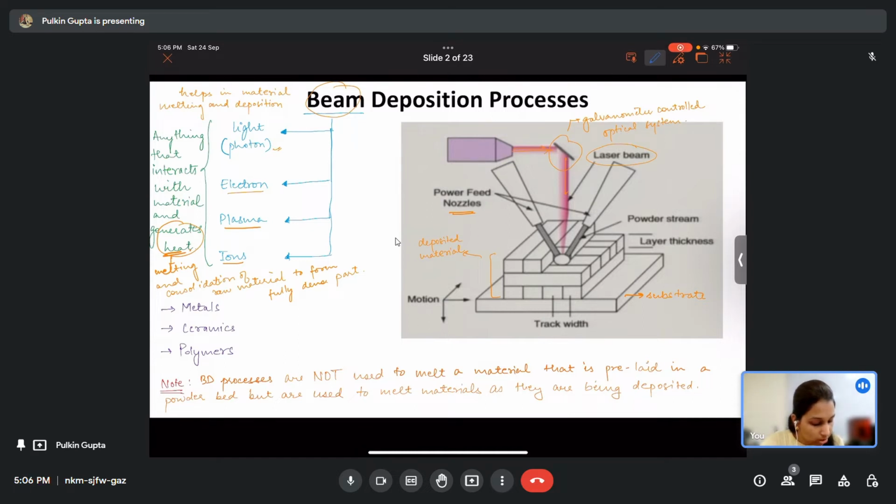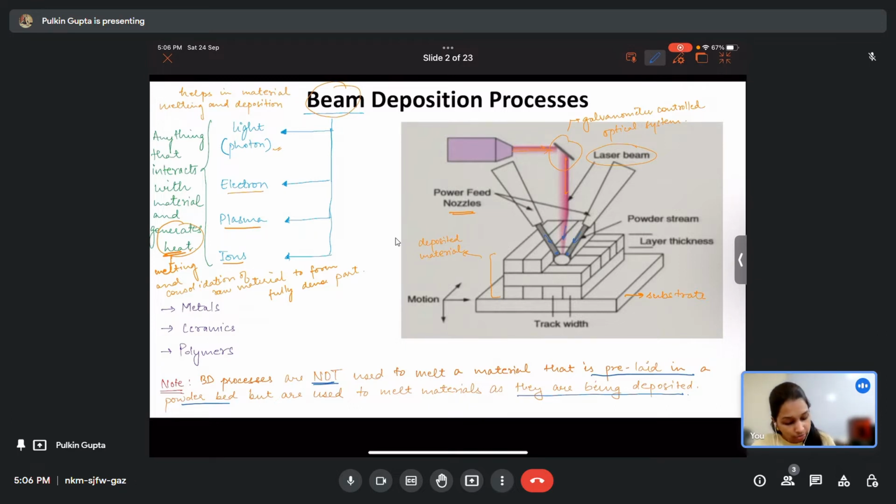So BD processes are not used to melt a material that is pre-laid in a powder bed, but are used to melt materials as they are being deposited. As this powder is being fed onto the substrate, the laser interacts with the powder particles during their flight itself and melts them, and then that melted powder falls on the substrate and solidifies.